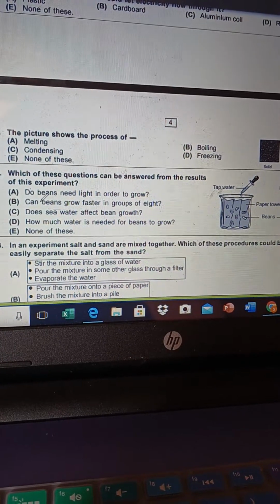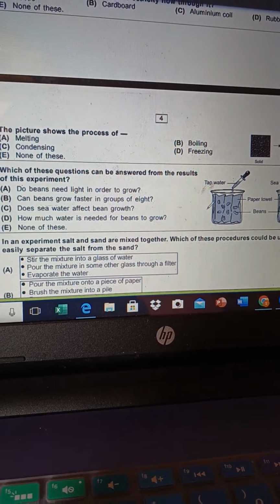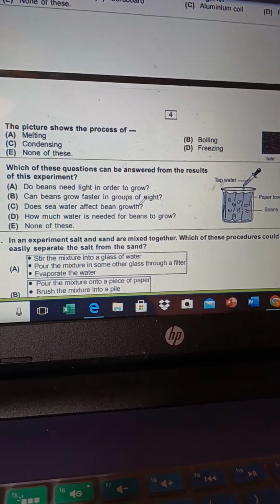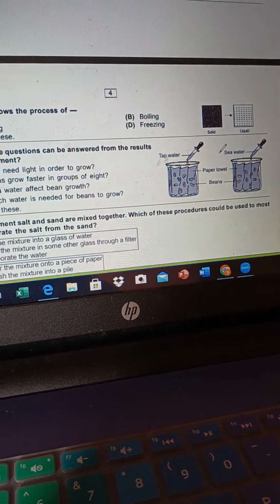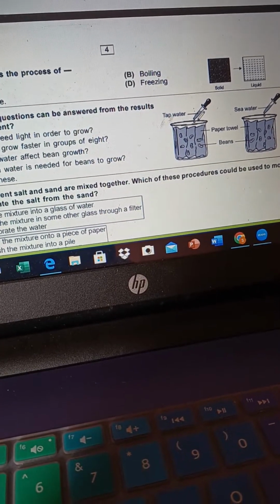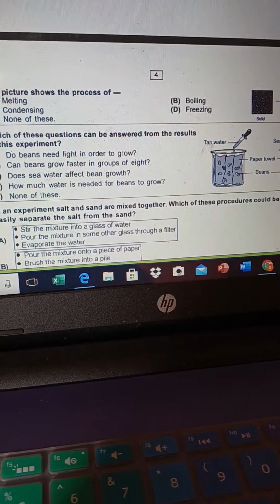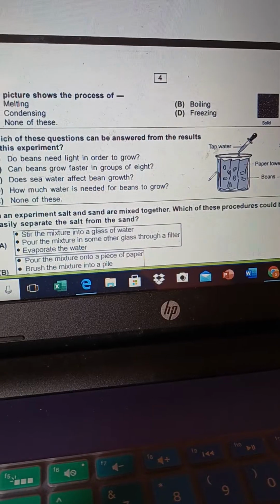Number B, can beans grow faster in groups of 8? That too we can't understand. Does seawater affect the bean growth? That we can understand. See, there is some seawater being given, there is some tap water is being given. So we can say this answer, that does seawater affect the bean growth after completing this experiment.